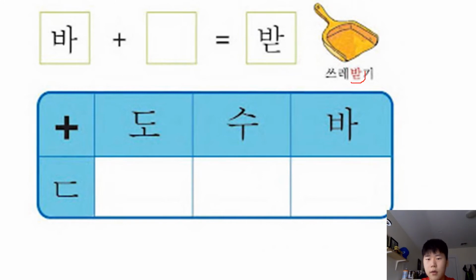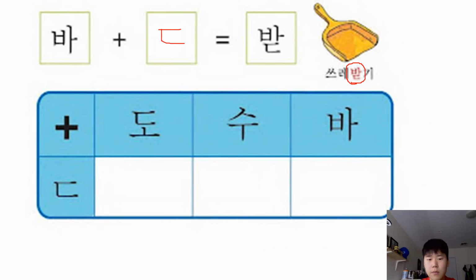So right here in the red. Let's try it. Pa plus tigut equals pat. That's good.